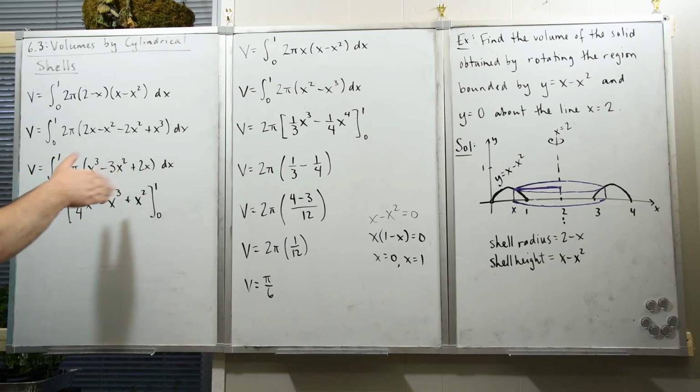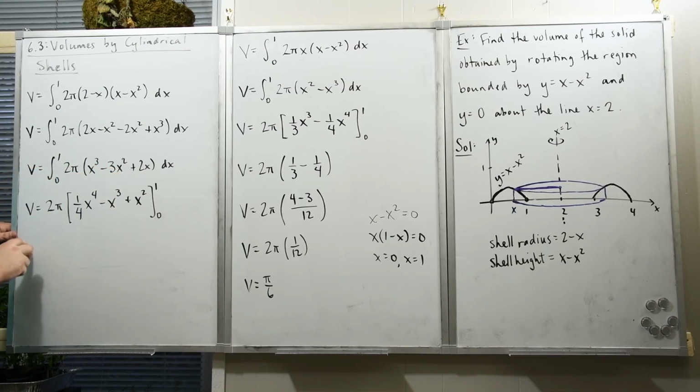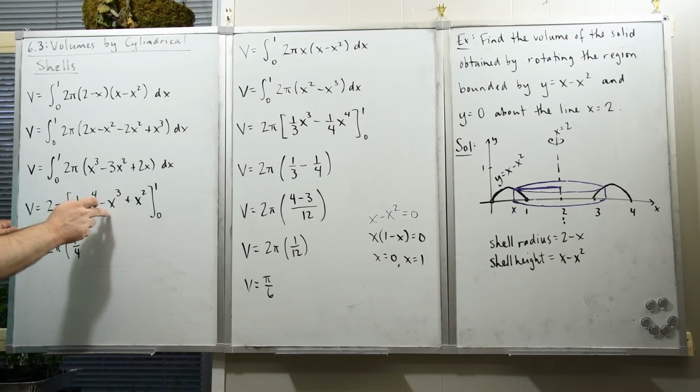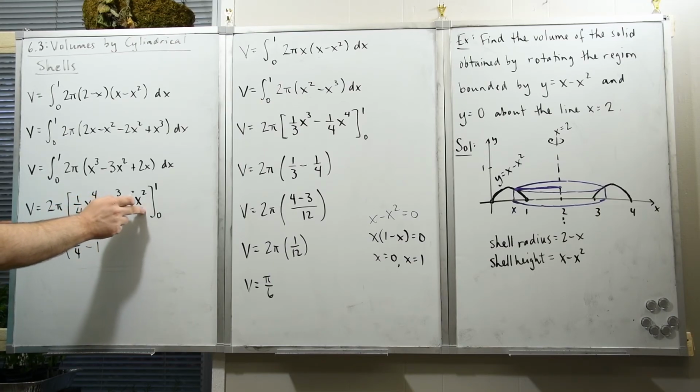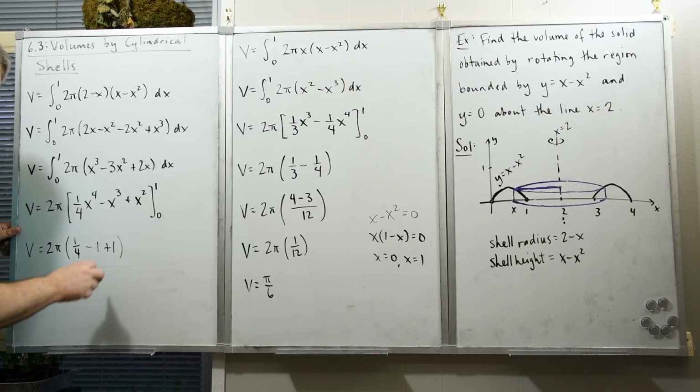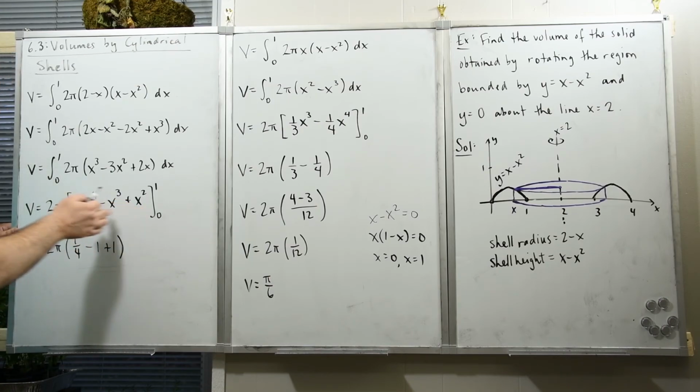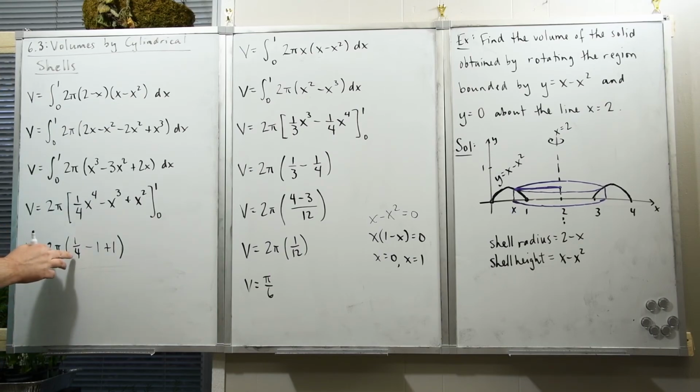Now we plug in 1 for x, and we'll have 2 pi times 1/4 times 1 to the 4th gives us 1/4. Minus 1 cubed is minus 1, plus 1 squared is plus 1. And then we subtract what we get when we plug in 0 for x, but that means subtracting 0. So here you have 1/4 minus 1 plus 1. Well, that's 1/4. Multiply by 2 pi, and you get your final answer, pi over 2.